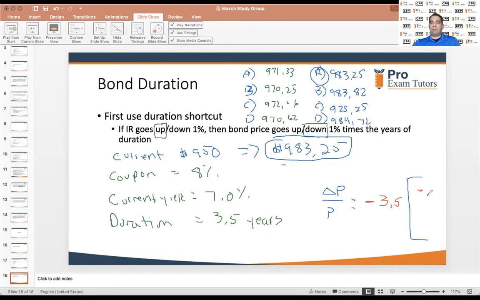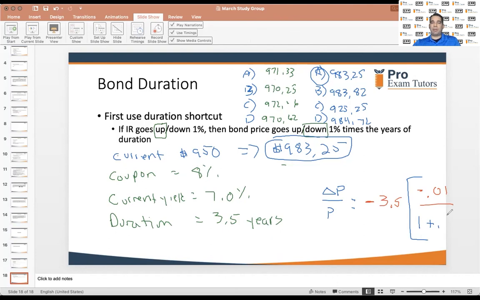Negative 0.01 divided by 1 plus our original yield, the initial yield that we were looking at.